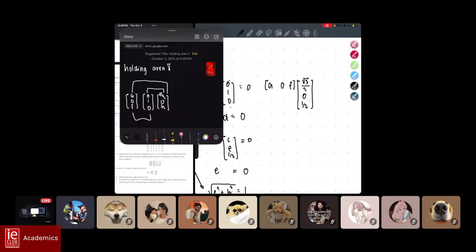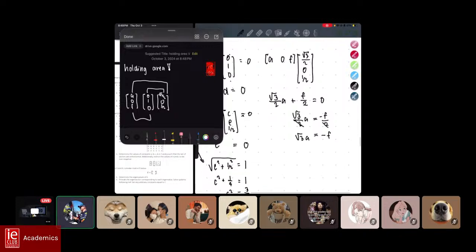So now we have square root of 3 over 2 a plus f times 1/2 equals 0. So we can relate these two. Square root of 3 over 2 a equals negative f over 2. Cancel the 2's: square root of 3 a equals negative f.